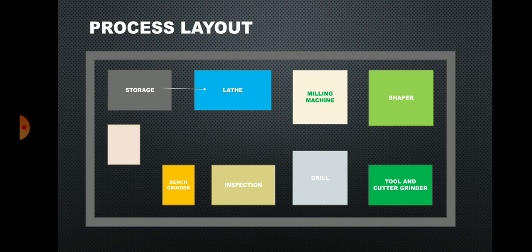First of all, raw material goes to the lathe. If we want to manufacture a shaft with both side facing, turning, chamfering and a drill, it first moves to the lathe, then to the drill for drilling.